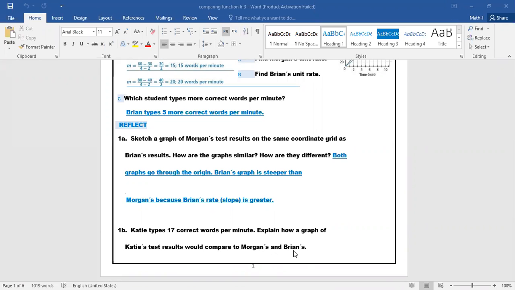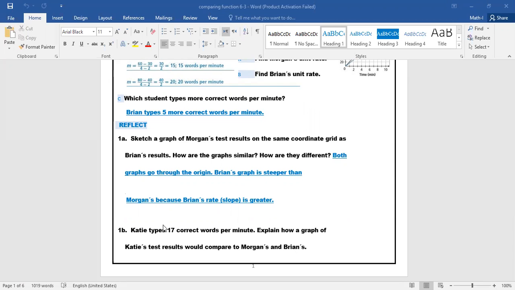Now we have Kitty. If you want to compare between Kitty, Morgan, and Brian, where will Kitty be? Between Brian and Morgan. Kitty is less than who? Morgan was 15, Brian's was 20.